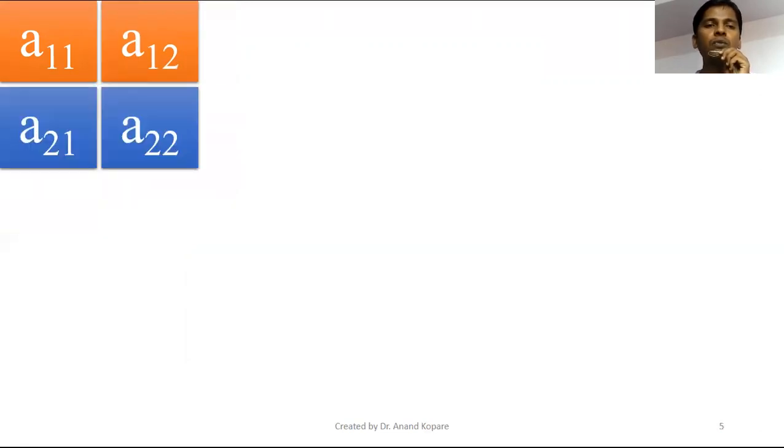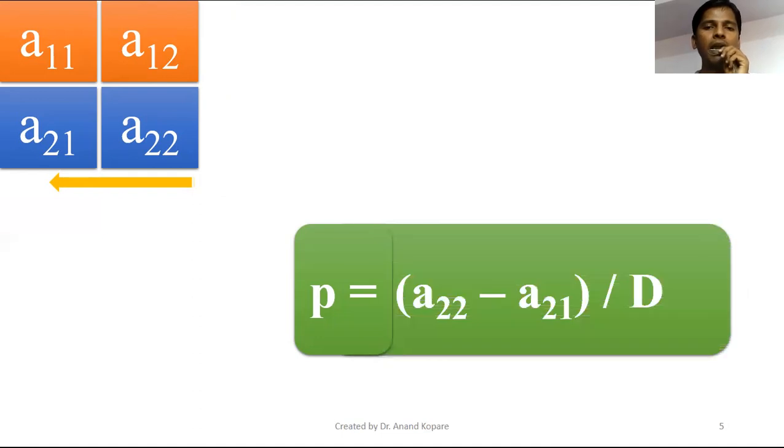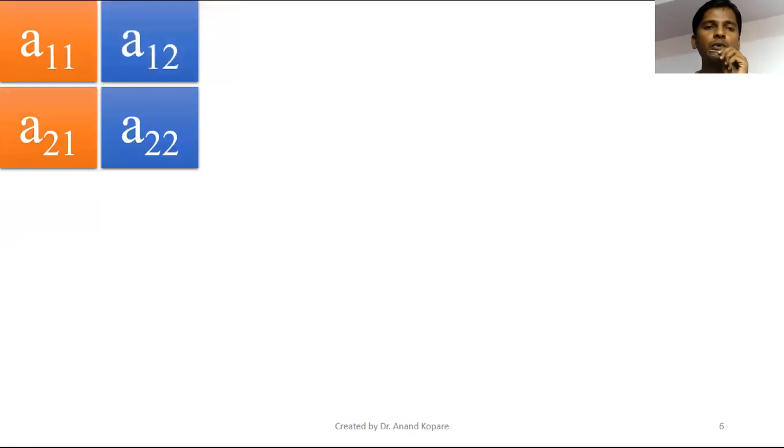After that, you have to find the value of P. For the value of P, the blue quadrant will help you. So P is equal to, see here is one row. By using the navigation of this row, you can prepare the formula. So P is equal to A12 minus A21 divided by D. This is how you can find the value of P. The next formula is Q. See, again blue quadrants are there.